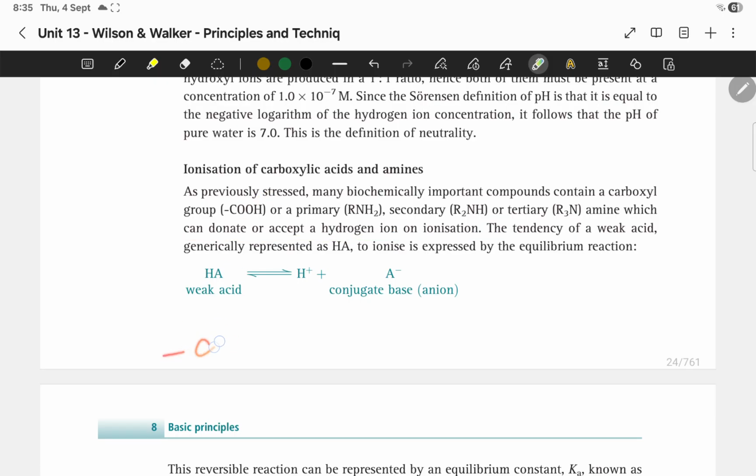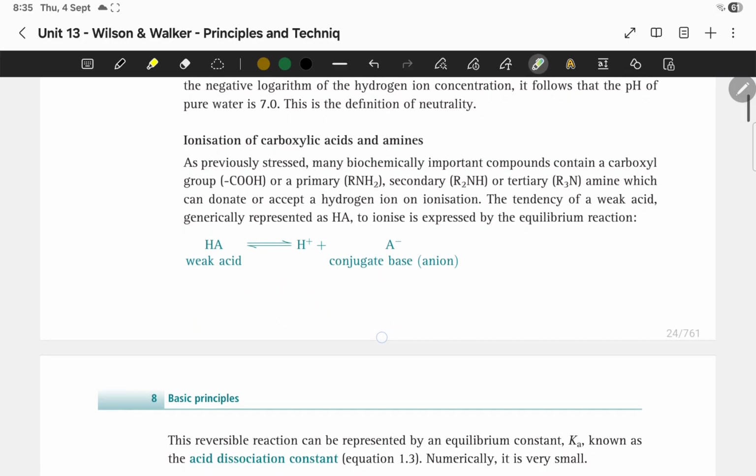So it will become COO minus or COOH2 plus, and this will become RNH3 plus or RNH2, something like that.